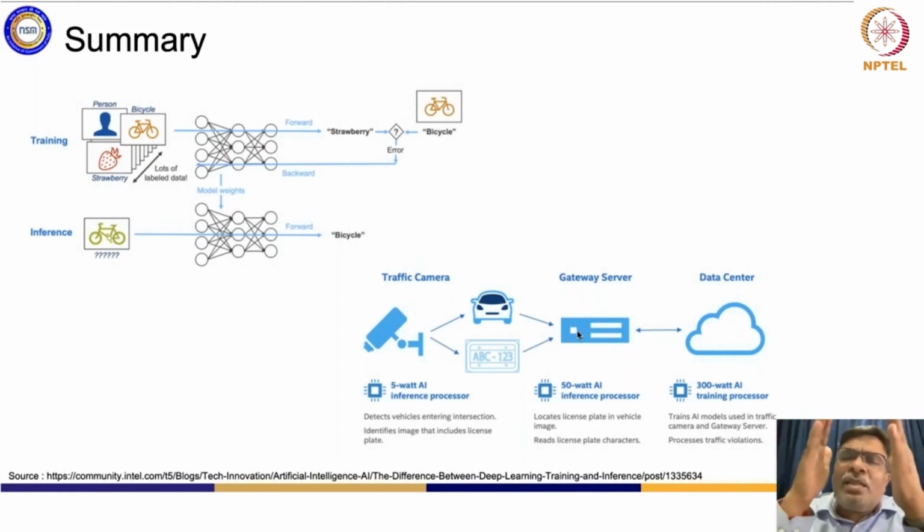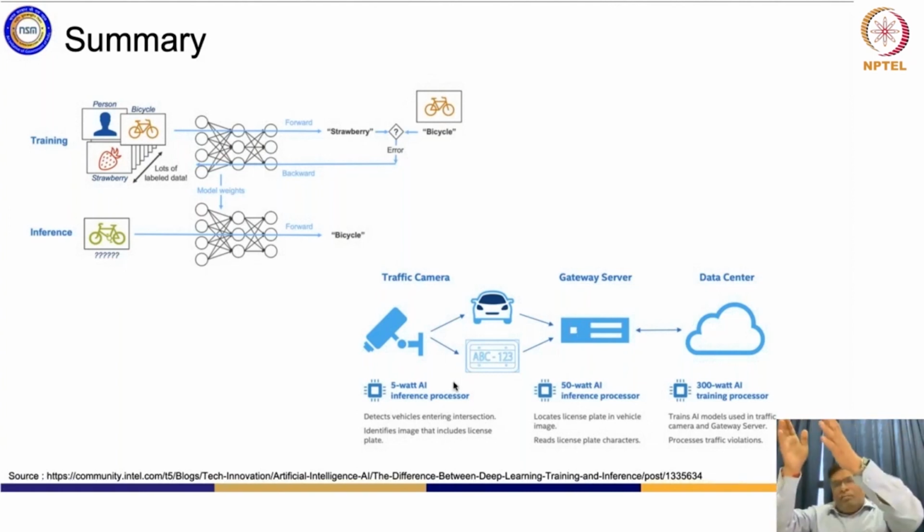That is what a gateway server is going to do. What does a traffic camera do? A traffic camera is a 5-watt AI inference processor. So see, the same trained model is running on a 300-watt AI training processor, on a 50-watt AI inference processor, and then on a 5-watt AI inference processor.